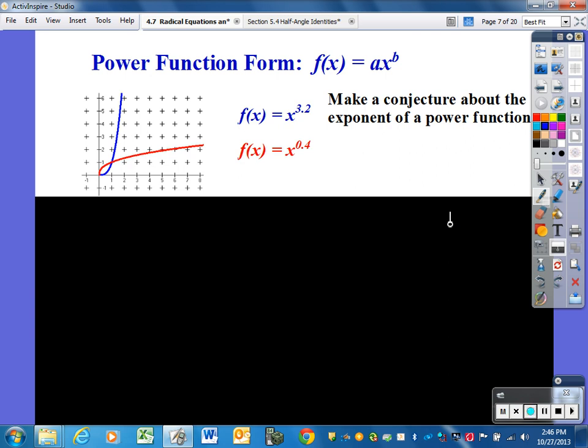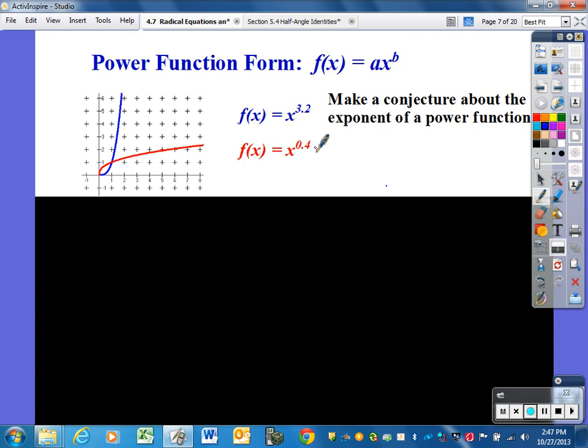So here we have y equals x to the 3.2, and that is this graph in blue. And we have y equals x to the 0.4, this graph in red. It says make a conjecture about the exponent of a power function. What is the difference between these exponents?